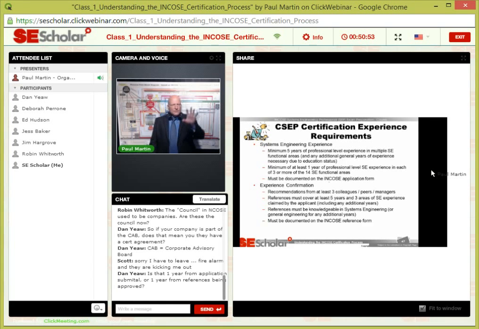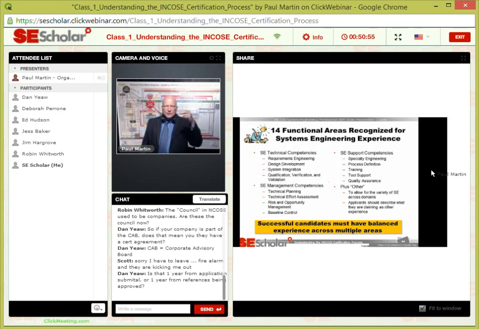So if you look at the 14 areas here, within 5 years, did you spend a year in requirements engineering, a year of specialty, and a year in risk and control? And then the other 2 years, it could be one of these or it could be more. But that's what they want to see. And I call it 12 months or more in 3 areas is what we're going to look at.